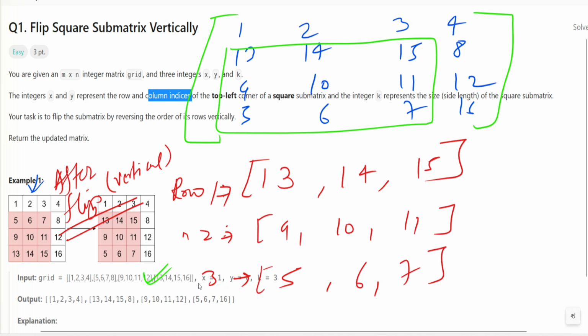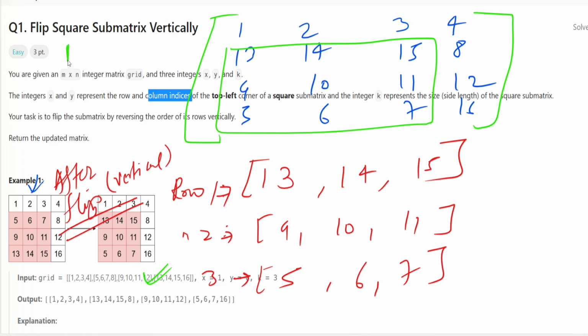In the 2D matrix, very first in the approach, we should locate the submatrix: where it starts at x, y, and what size k we have. The submatrix covers rows from x to x plus k minus 1, and columns from y to y plus k minus 1. Suppose x given is 1.